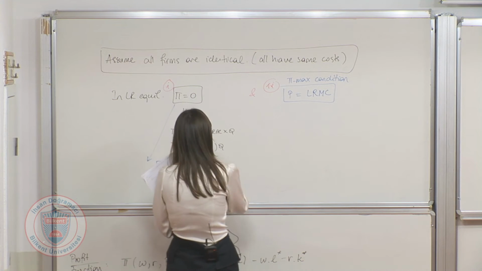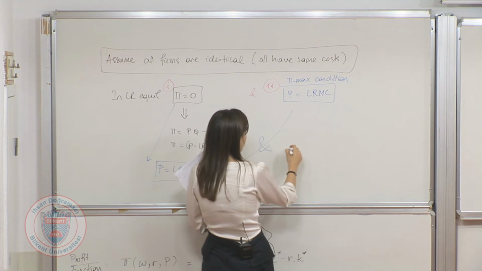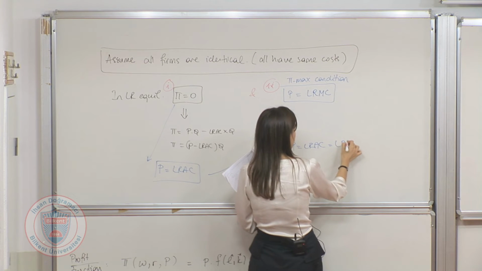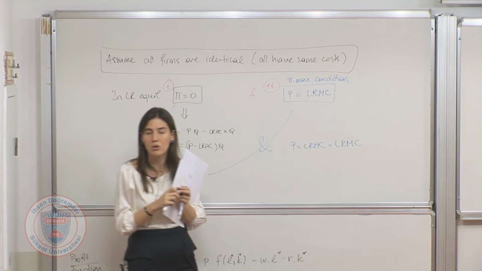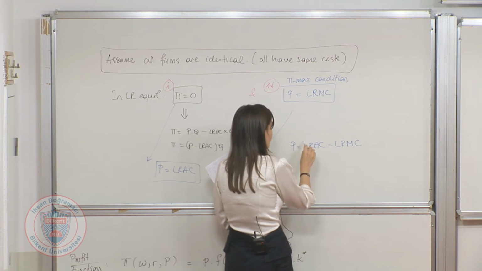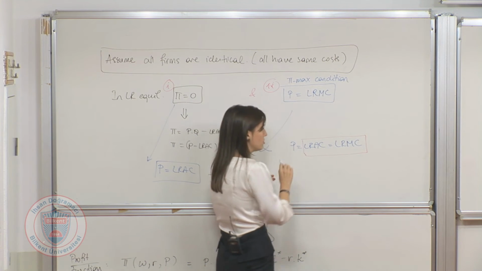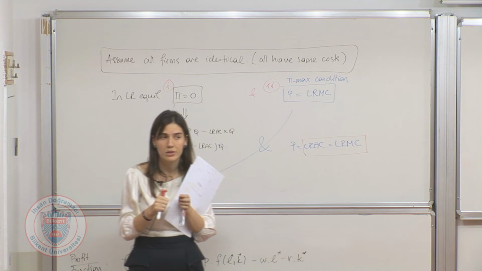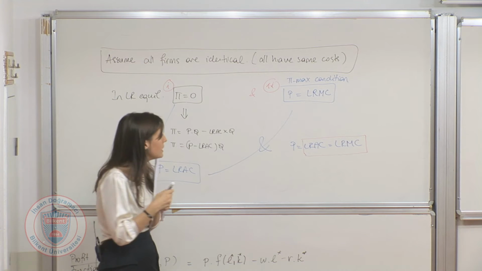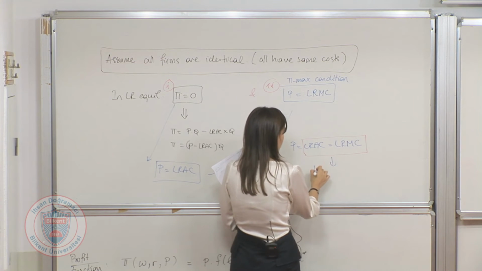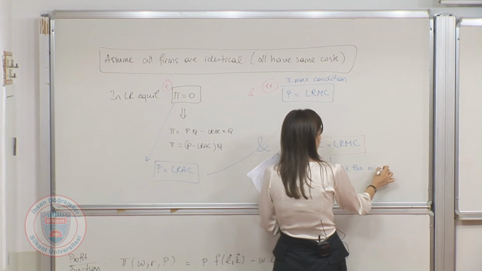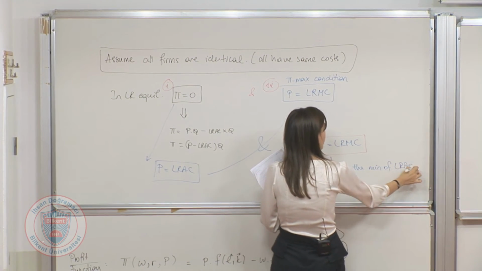So if you combine these two, price is equal to long-run average cost, and price should be equal to long-run marginal cost, which tells us that long-run average cost and long-run marginal cost should be equal to each other. And where does this happen? We know, right? You said that, hocam, this happens at the minimum of long-run average cost, right?